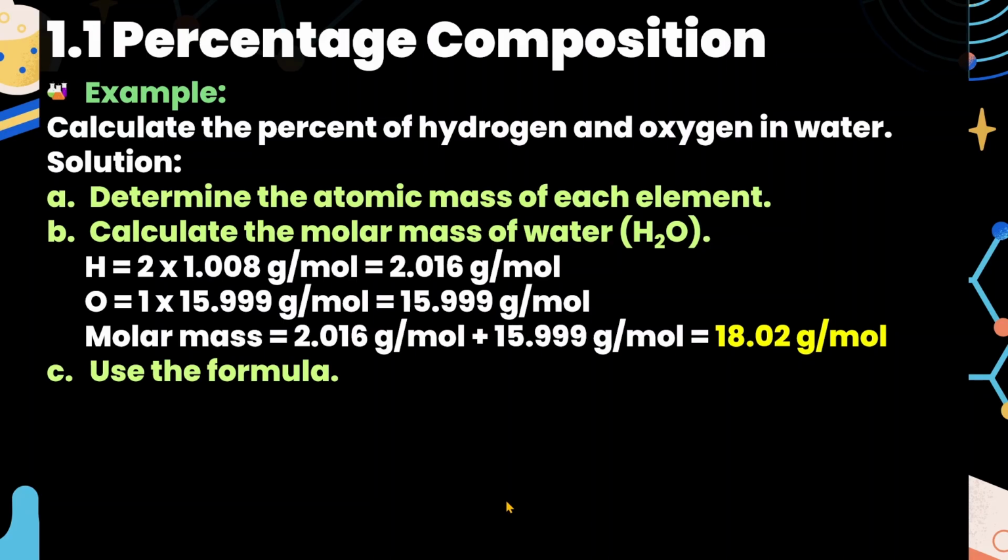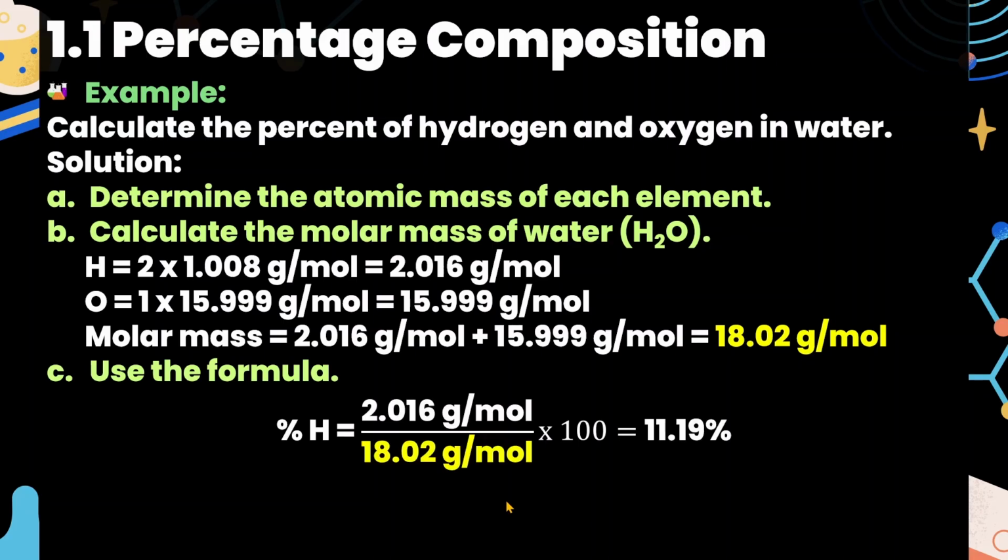So for hydrogen, that's 2.016. For oxygen, it is 15.999. So add the 2 numbers. So we'll get 18.02. Why 18.02? Because we said that the molar masses of the compounds must have 2 decimal places. So this time, we'll need to round off the number to get 18.02.